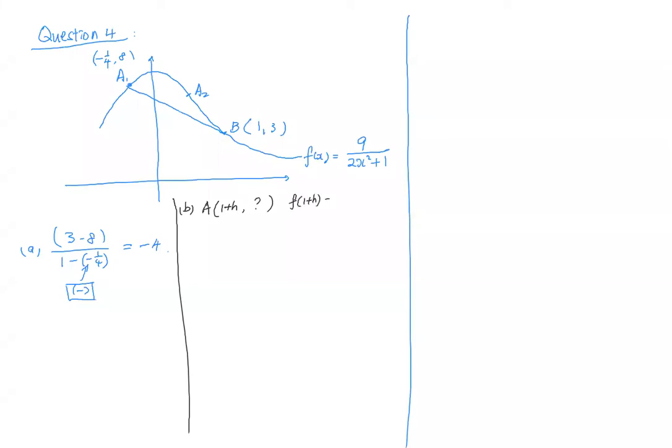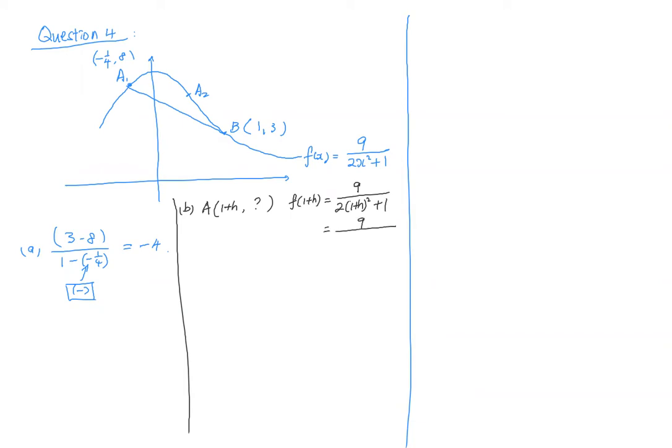So I put 9 over 2 times (1 plus h) squared plus 1. From here, I will expand the thing, so that it becomes 9 over.